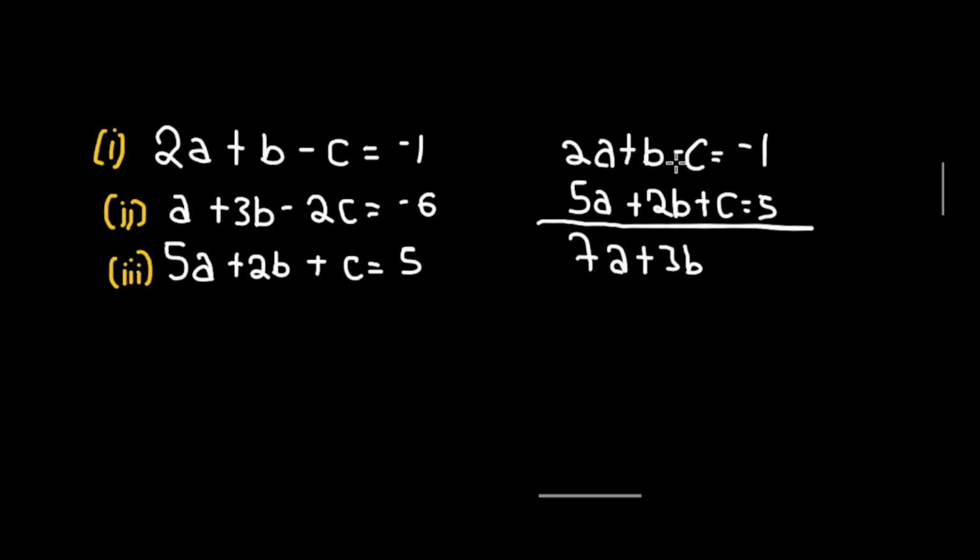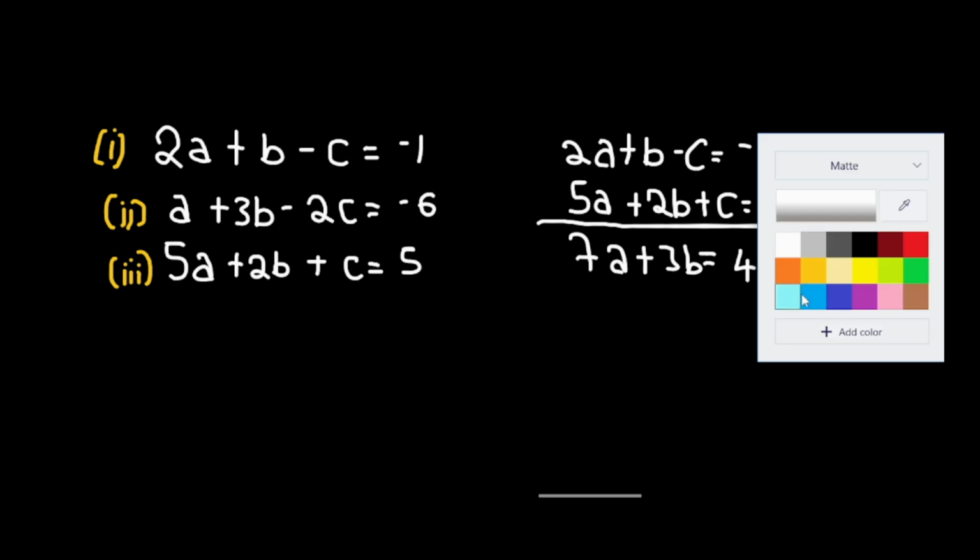And then when I say minus c plus c, obviously I'm going to get a 0, but I'm not going to indicate that 0 because it has no value. So I'm going to put this equal to -1 plus 5, which is obviously 4. So notice that I have formed an equation.